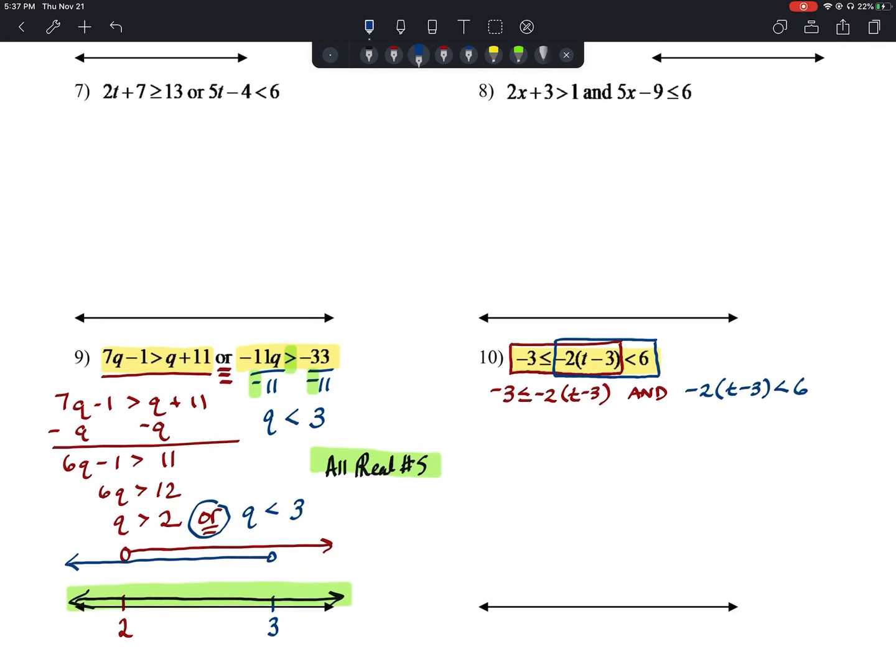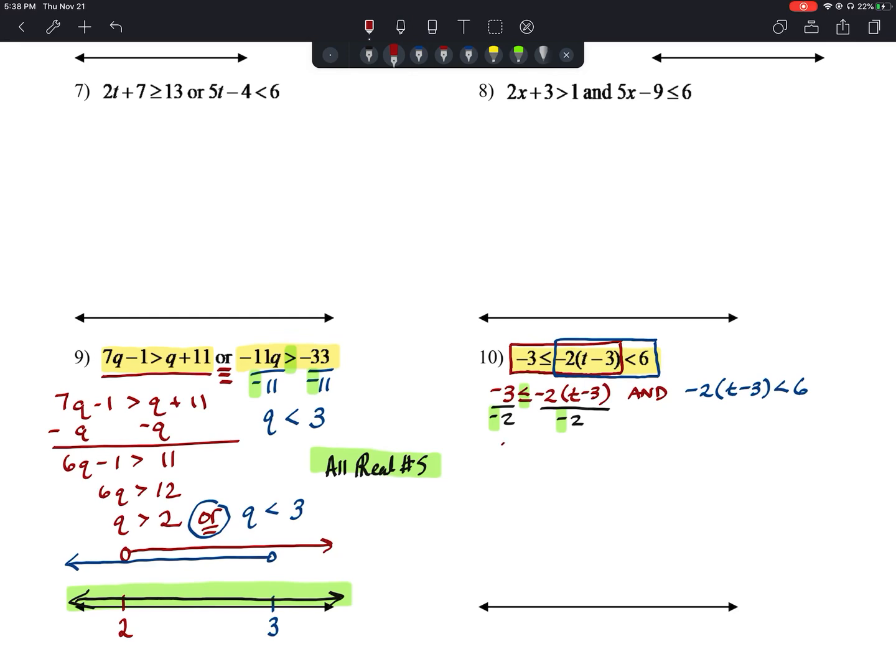Now, just thinking about how you wish to solve them, you have a couple options. You could distribute your negative 2 through the quantity, or you could divide each side by that negative 2. In which case, remember, since you're dividing both sides by a negative, you've got to flip the inequality there.